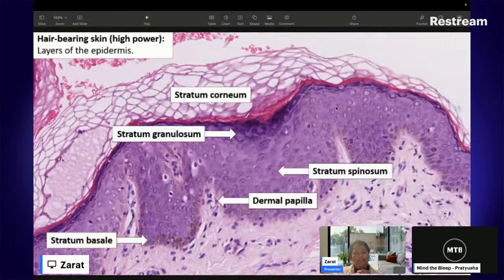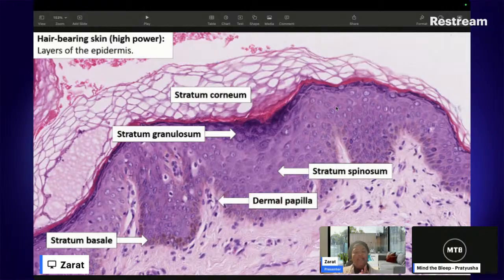But I'm going to try and simplify that, because it is important to have an understanding of what's going on in the normal skin. If you know what normal is, it's much easier to know what's abnormal. And as pathologists, it's our job to comment on what's normal and what's abnormal, because that's the kind of question the clinicians are looking for from us.